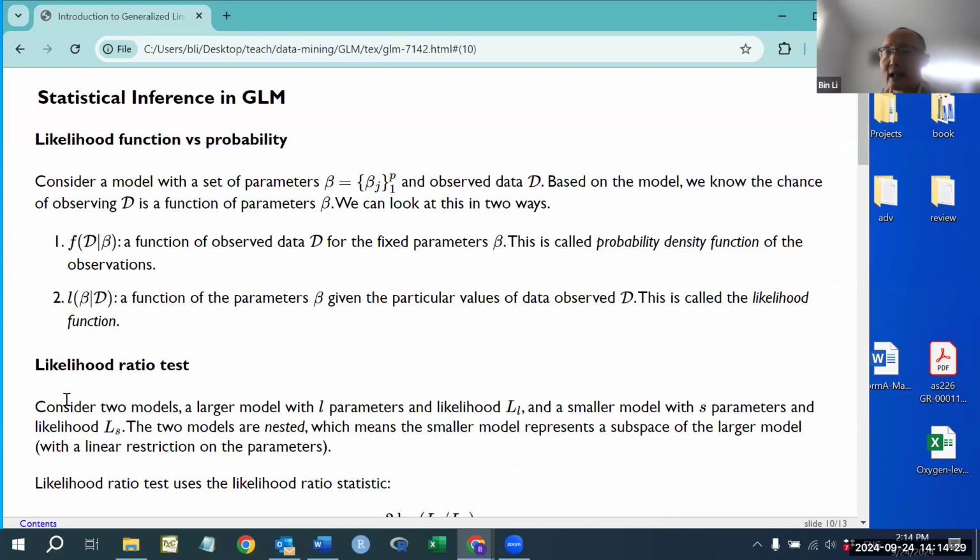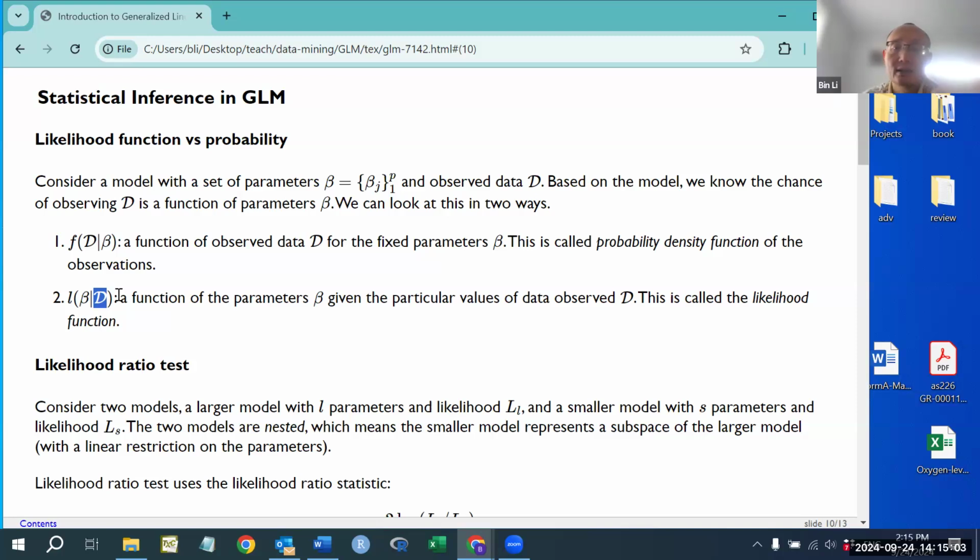And another way to look at it is, now given this data set, we can view it as a function of the parameters. And this is called the likelihood function. So the probability function is a function where the parameter is fixed, and it gives the chance we observe the data.